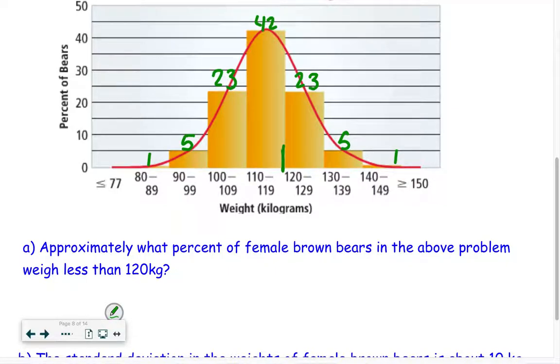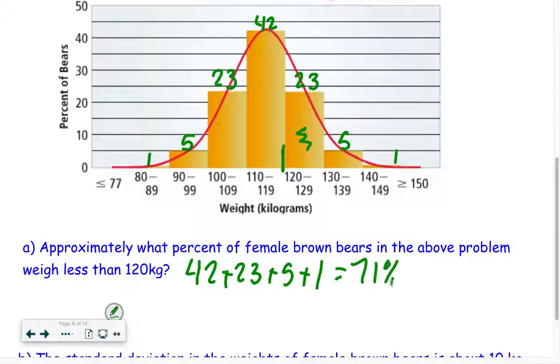So don't include this bar, just take all of the stuff to the left. Okay? So what percents am I adding together? 1 plus 5 plus 23 plus 42. And how much do I get? 71? Questions there?